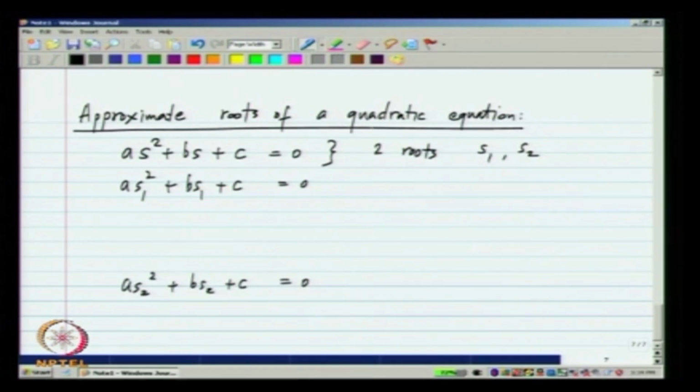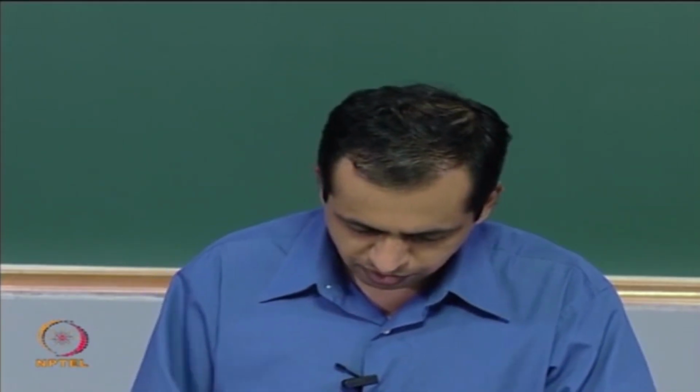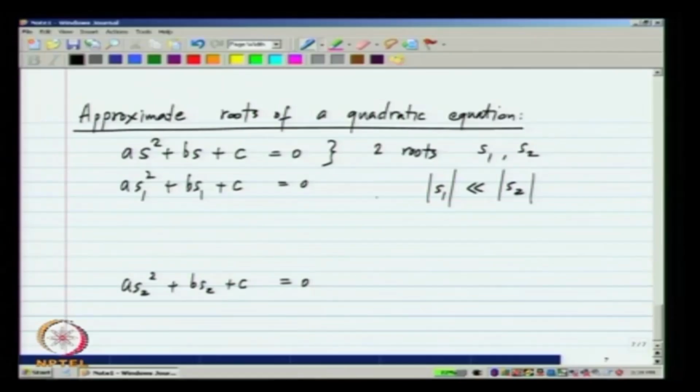And let us assume that the magnitude of s1 is much smaller than the magnitude of s2. You can verify this for yourself. You can write down the expression for the solution of the quadratic equation and see that this is indeed the case.